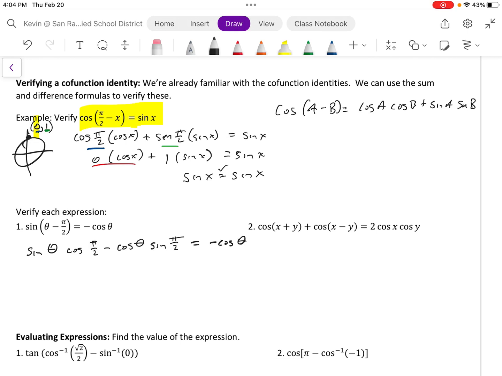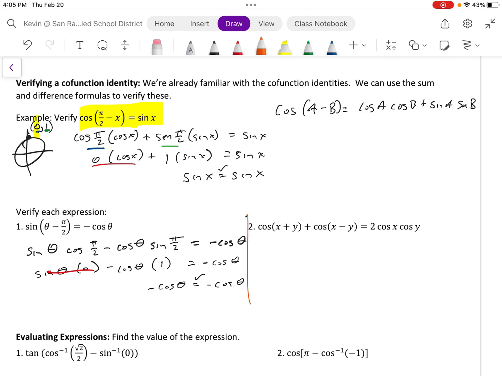All of that should equal negative cosine theta. So we have sine theta, and the cosine of pi over 2 is 0, minus cosine theta, and the sine of pi over 2 is 1, equals negative cosine theta. That cancels out, and negative cosine theta times 1 is negative cosine theta equals negative cosine theta. Check. Verified.